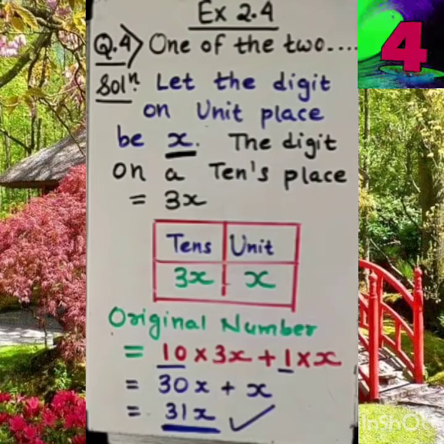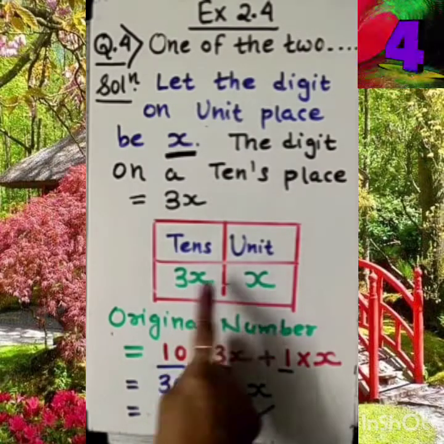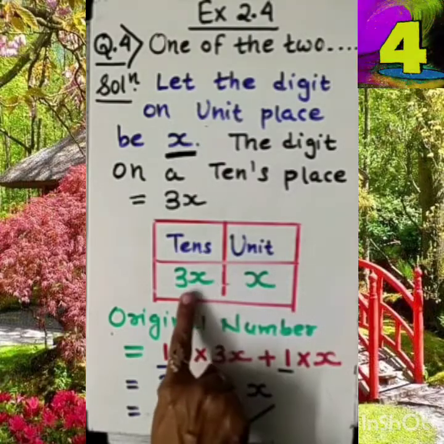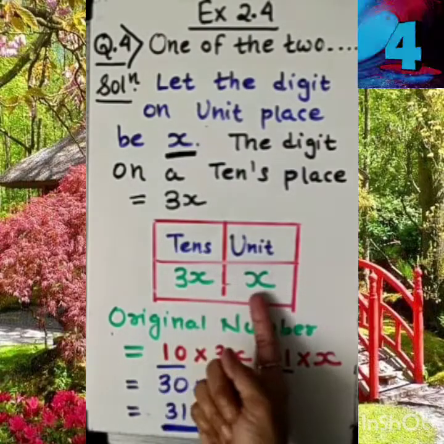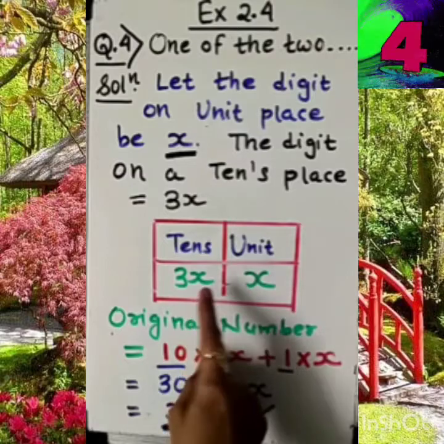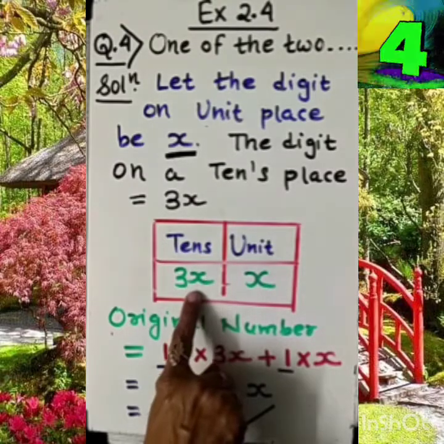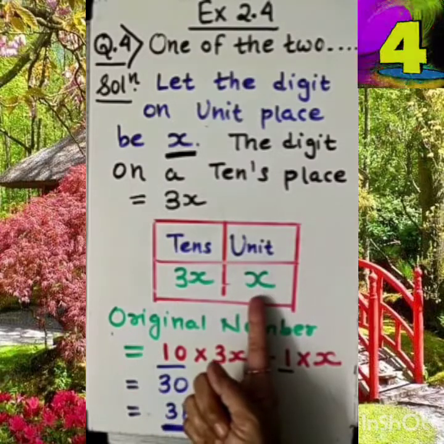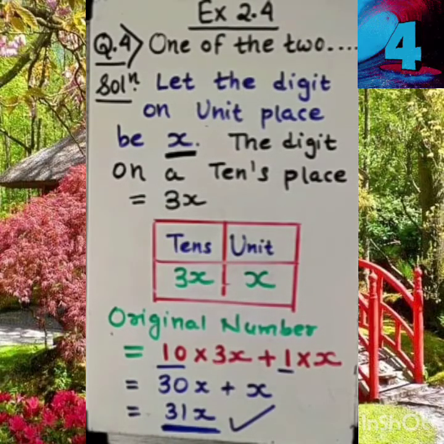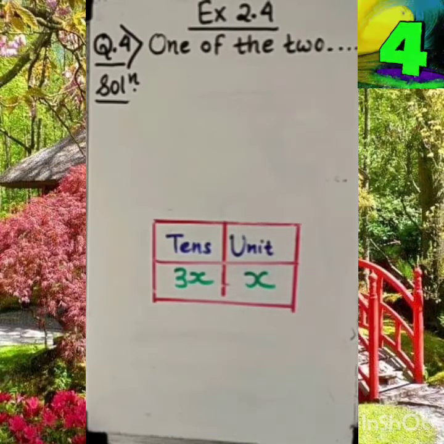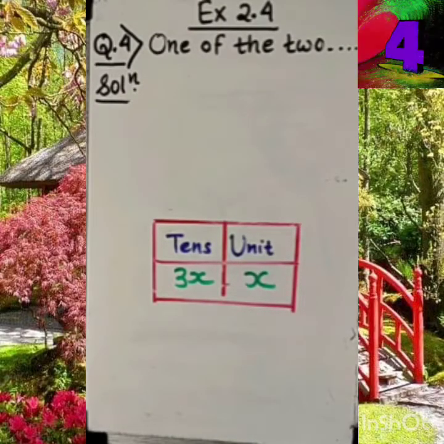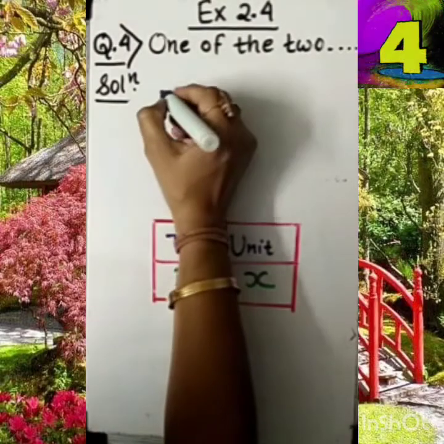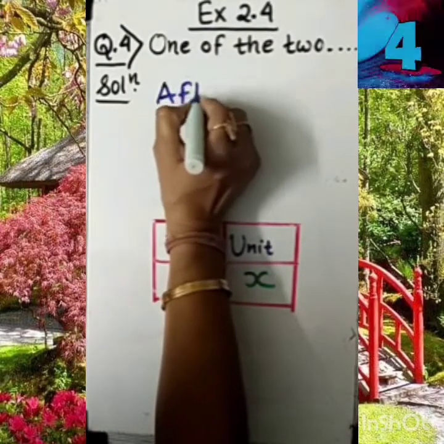Okay. Now we are given that the digits are interchanged. Interchanging the digits, it means what we are going to do? After interchanging the digits, the unit place digit will become the tens place digit and the tens place digit will become the unit place digit.